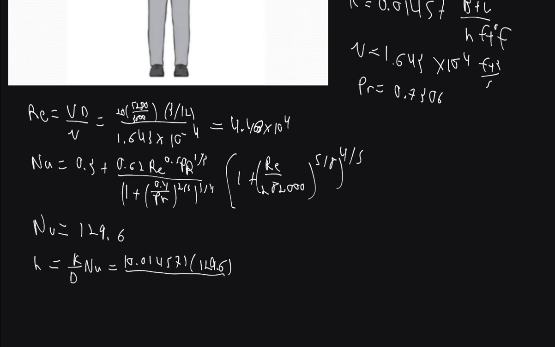times the diameter, we said was 3 inches, but we needed that to be in feet, so over 12. When you're working with the imperial system, be very careful with inches and feet and miles and BTUs, just because the conversions aren't perfectly clean.